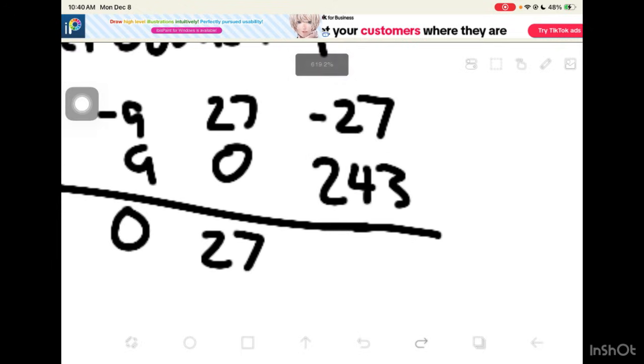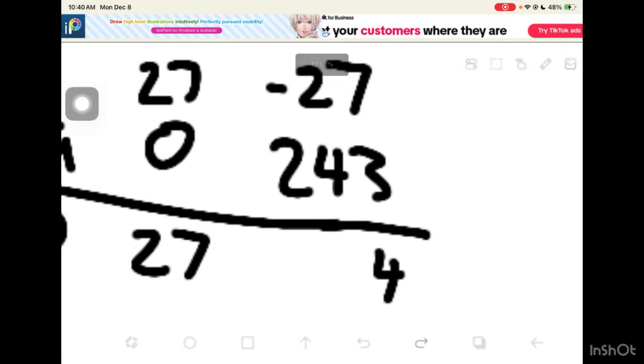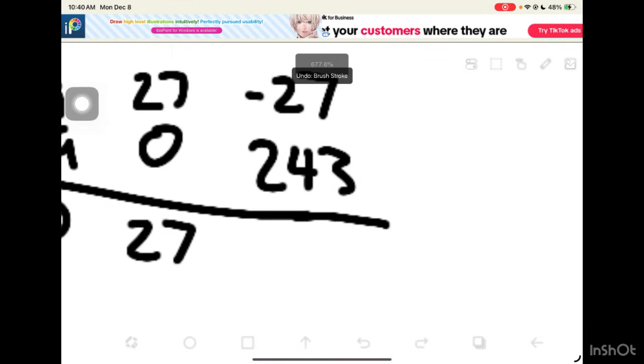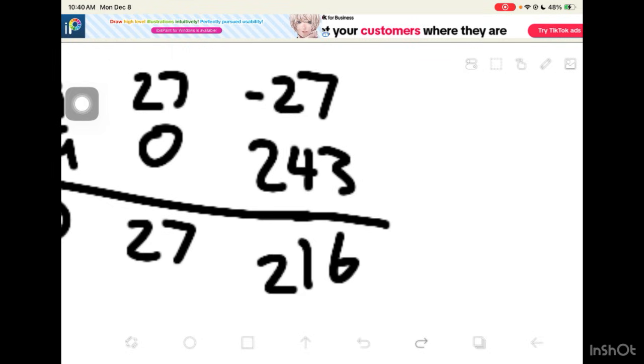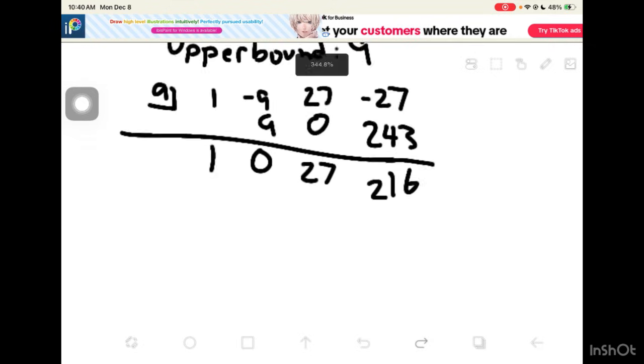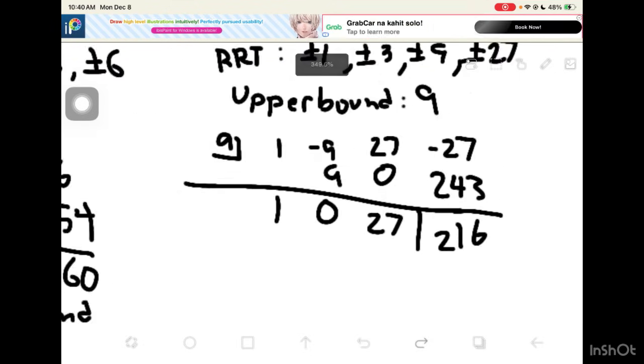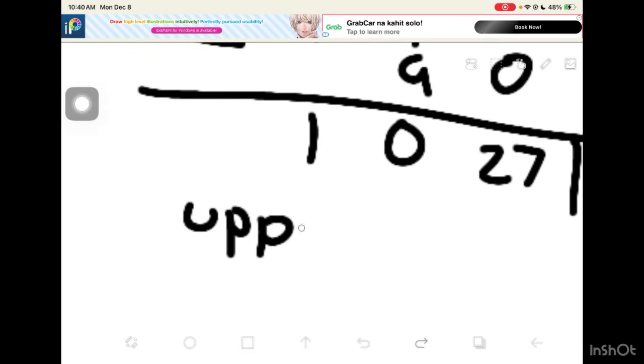Then if we add this together, it's going to be, oh wait, 216. Yeah, 216. But as you could see, all terms are positive, so the upper bound is 9.